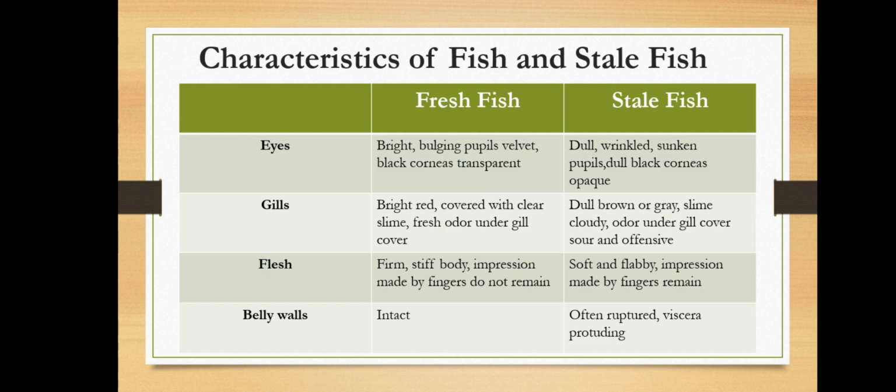Next is flesh: firm, stiff body, impression made by finger does not remain. Soft and flabby, impression made by fingers remains. Belly walls: intact. Often ruptured, viscera protruding.